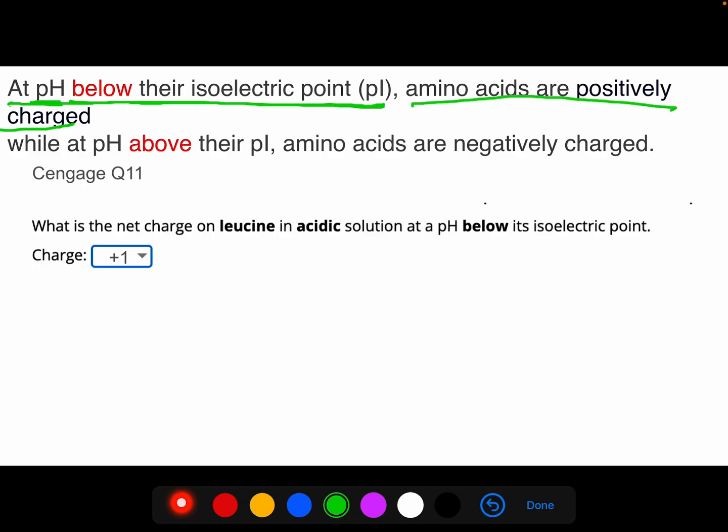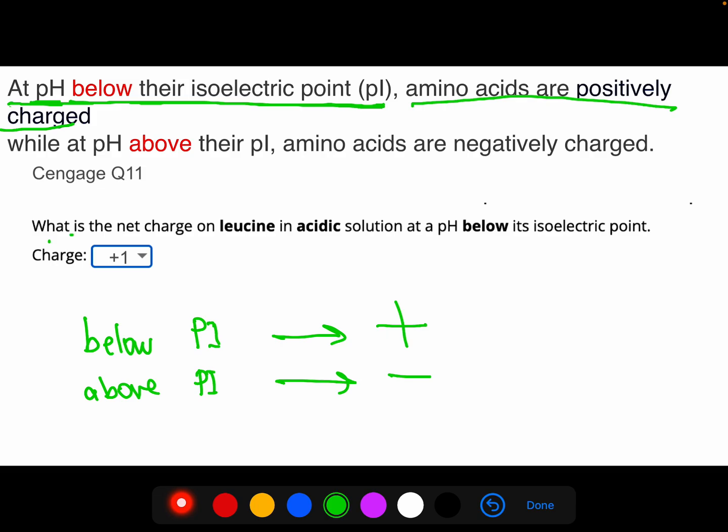So if the question says it's below their pI, isoelectric point, the amino acid will be positively charged. If it is above the pI, the amino acid will be negatively charged. So what is the net charge of leucine in a solution with pH below its isoelectric point? Below isoelectric point, it's plus.